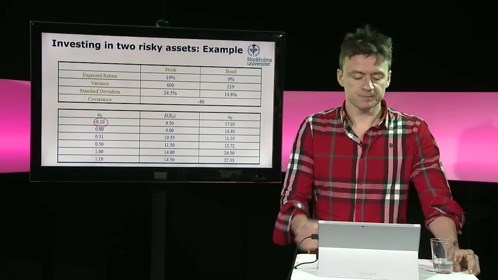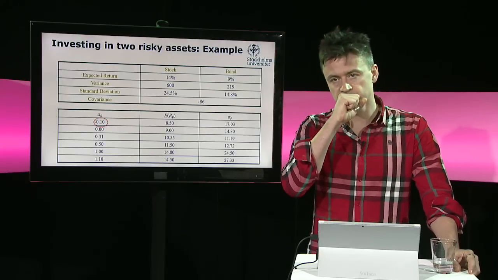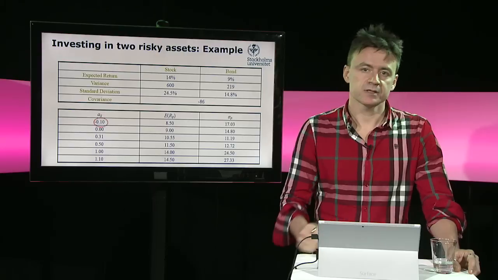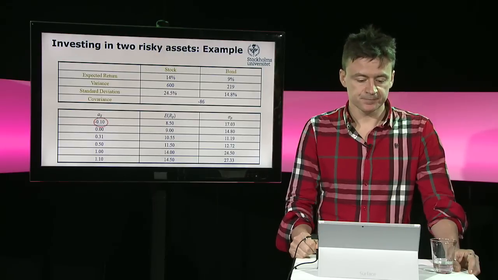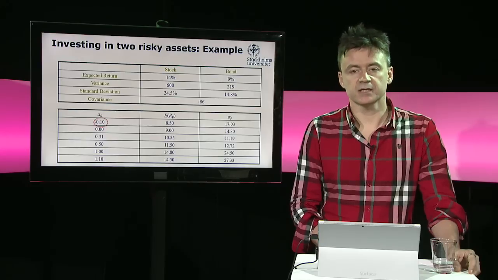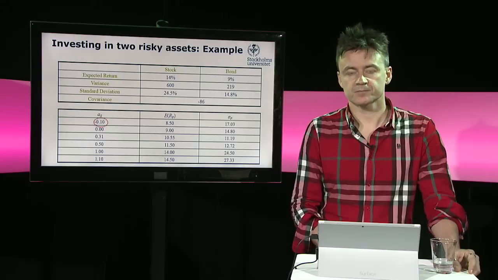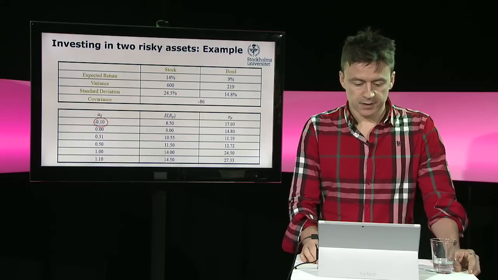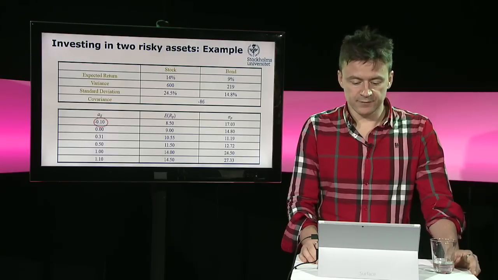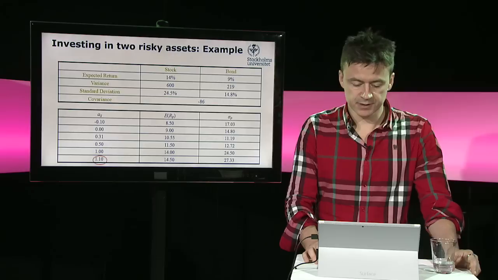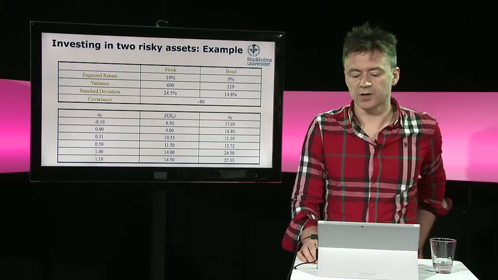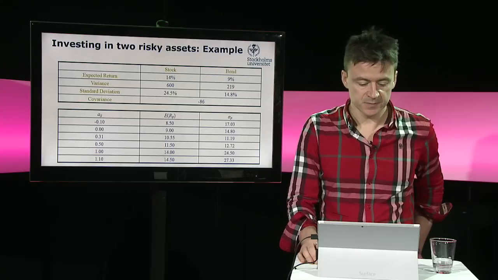This implies that we're going to invest in the bond our initial wealth plus 10%. This 10% is financed by short selling the stock. One such portfolio would have an expected return and standard deviation of 8.50 and 17.03 respectively.